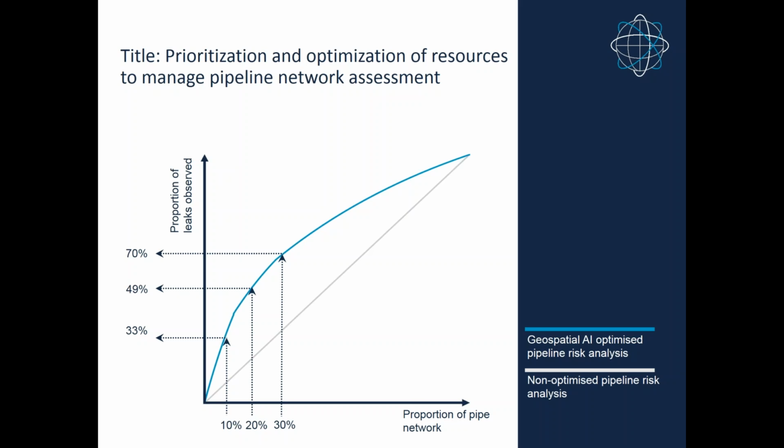Typically within the first 20% of highest risk, we will demonstrate 50% of your leakage or in excess of. Likewise, that 30%, we will demonstrate 70% of your leakage. So the results speak for themselves, and we demonstrate this upfront before we move into an active program of annual subscription or using this as an active program of management and use. Can we go to the next slide, please?